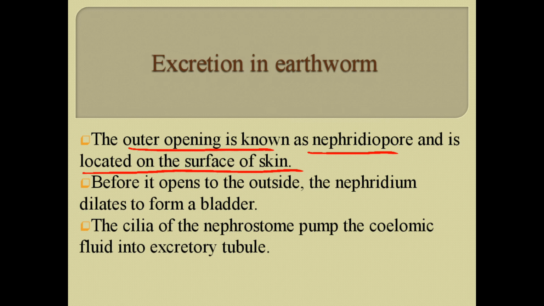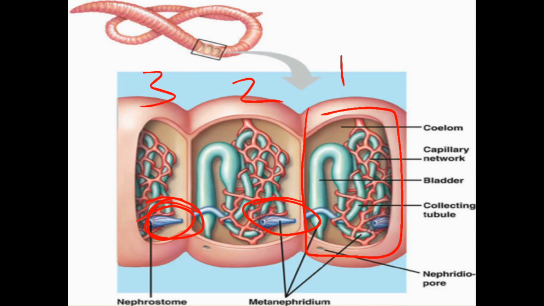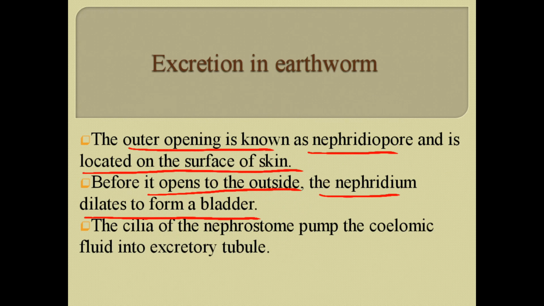Before it opens to the outside, the nephridium dilates to form a bladder. This is shown here. The cilia of the nephrostome pump the coelomic fluid into the excretory tubule.